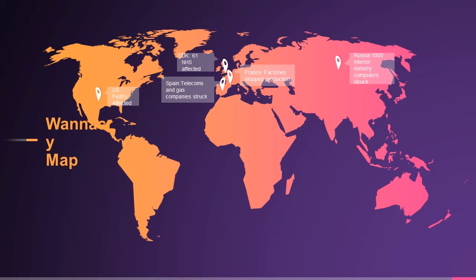In Spain, telecom and gas companies were hit, causing stops in gas production and other major infrastructure. In France, factories stopped production as most of their systems were locked. And in Russia, over 1,000 Interior Ministry computers were infected, causing major issues. It is said that over 230,000 devices were affected because of this.